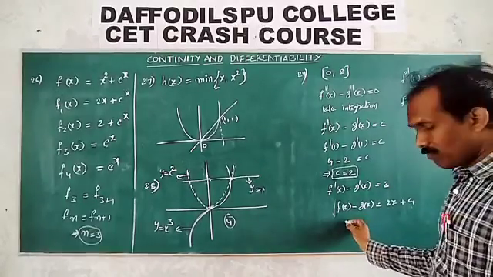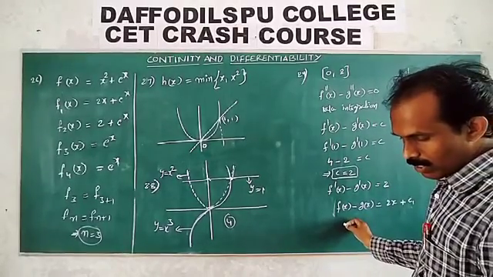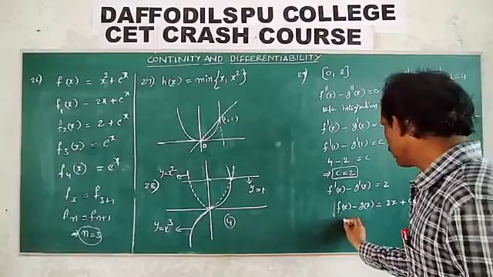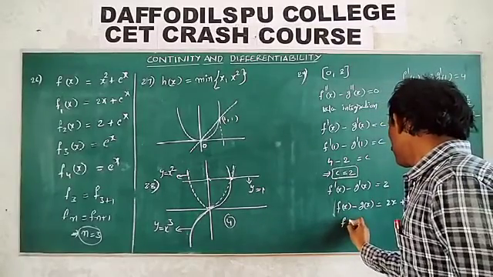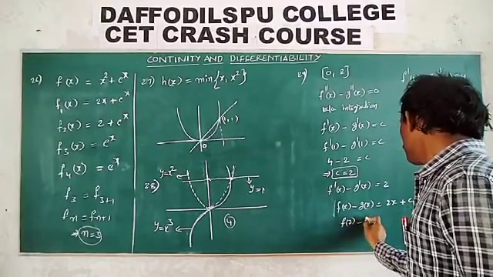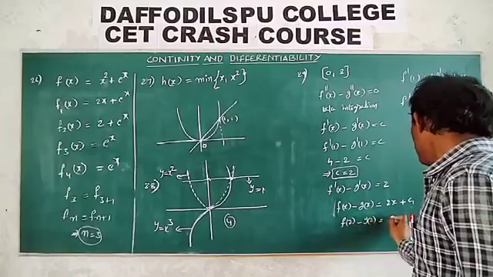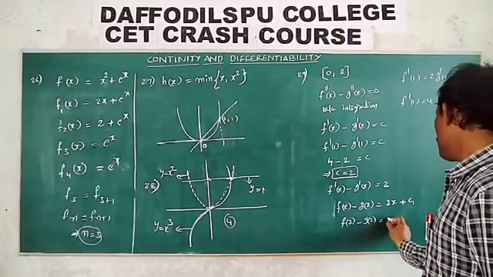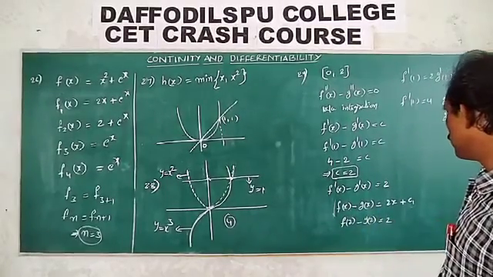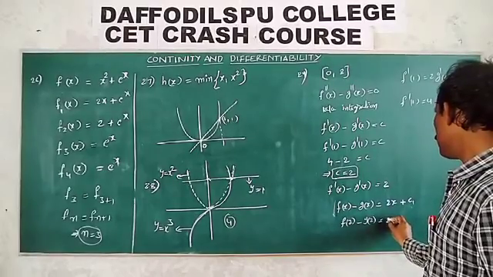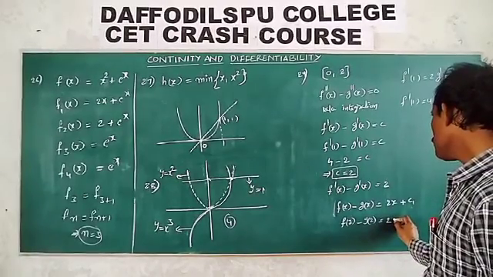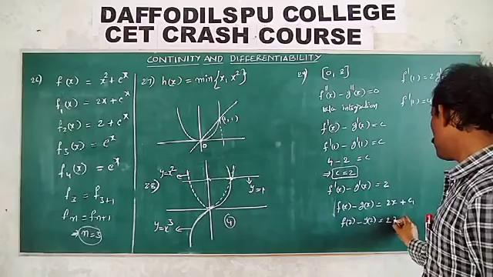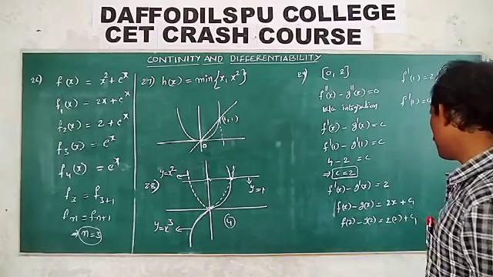Okay, given f(2) is equal to 3, g(2) is equal to 9. Right? f(2) is equal to 3. So therefore f(2) minus g(2) is equal to 2 times 2 plus c1.